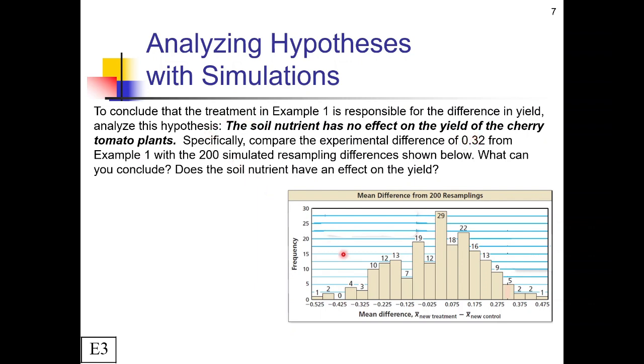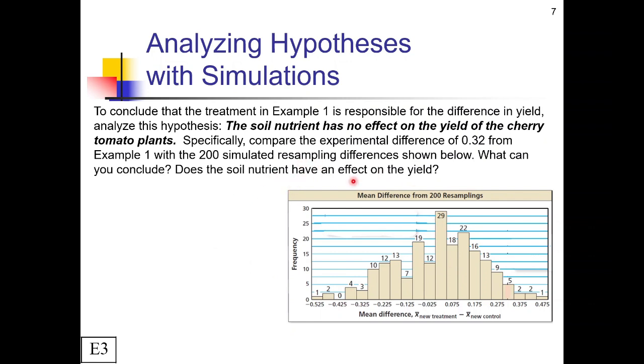Compare that with the 200 simulated resampling differences shown below. So essentially, we did that little resampling process and figured out new experimental differences. They did it 200 times for you and put all those numbers in here, the frequencies of all those new experimental differences down here.